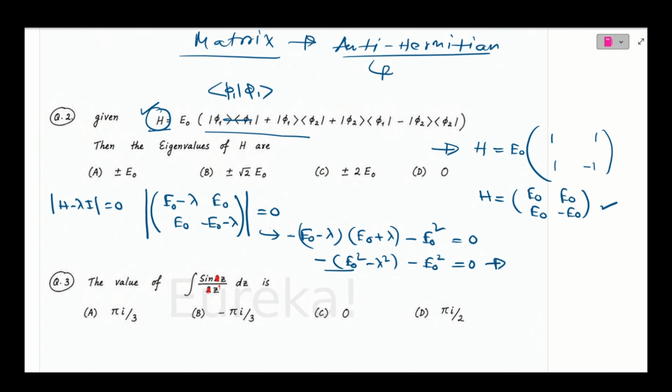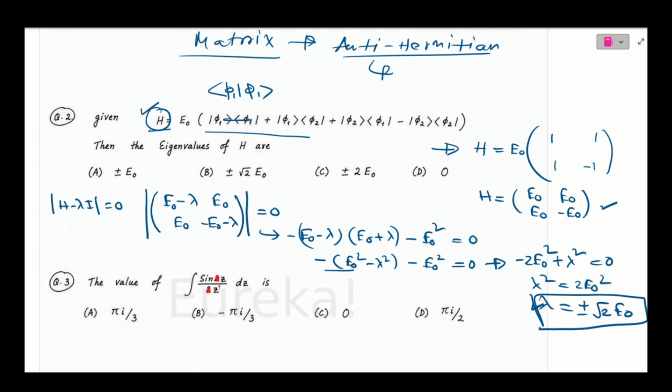It gives minus twice E naught squared plus lambda squared, that will be 0. So lambda squared will be twice E naught squared. Since it is a 2 by 2 matrix, obviously there will be only 2 eigenvalues. So it will be plus minus root 2 E naught. Okay, so the eigenvalues of this Hamiltonian matrix will be plus minus root 2 E naught. So option B is the correct one.